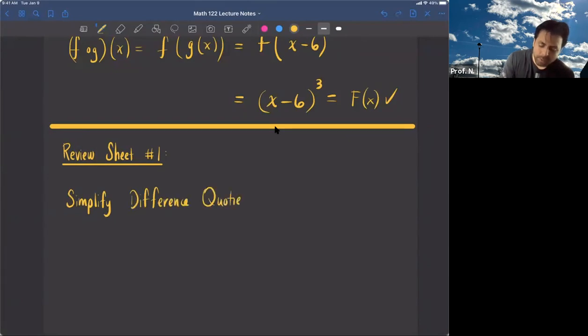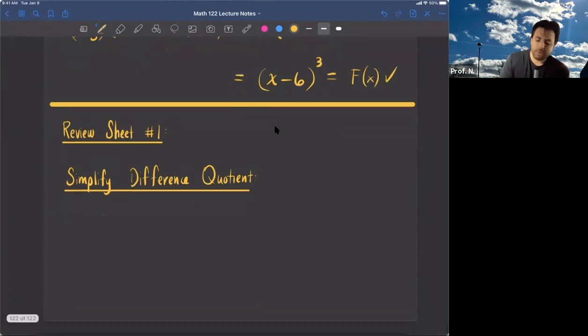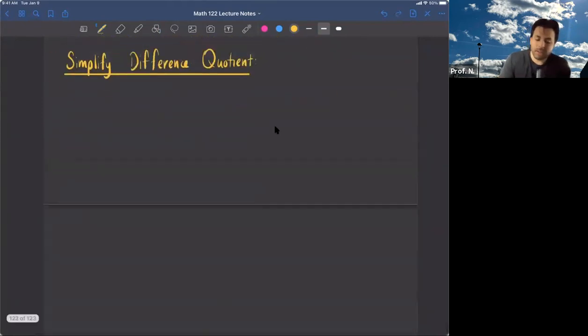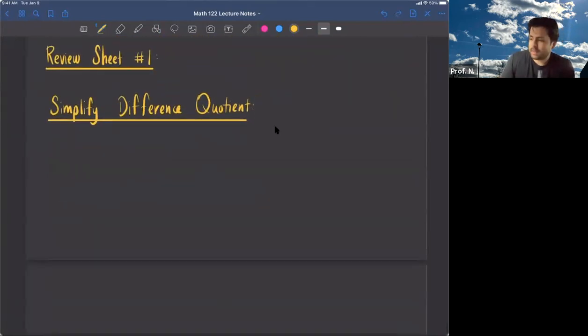A portion of you were able to do this no problem, but a lot of you found this one not as clear. So let's look at the simplified difference quotient. That's on the second page, number 2.